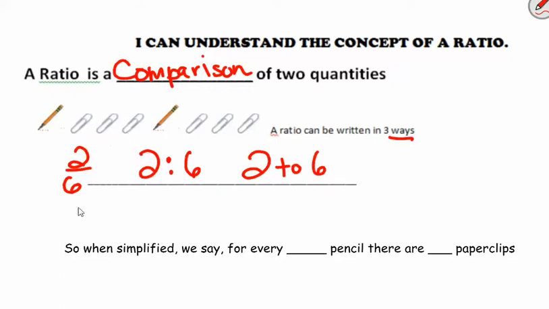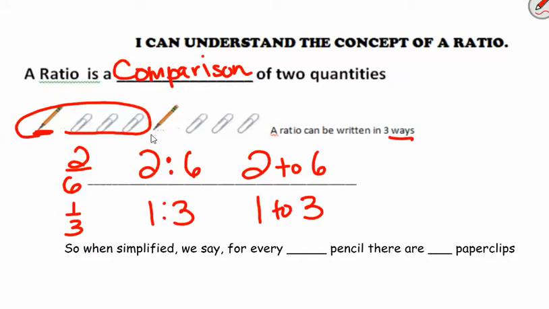So this could be simplified to 1 to 3, so all of them could say 1 to 3 as well. What that means is for every 1 pencil I have 3 paper clips. Okay? So simplified, for every 1 pencil, there are 3 paper clips. All right, does that make sense?